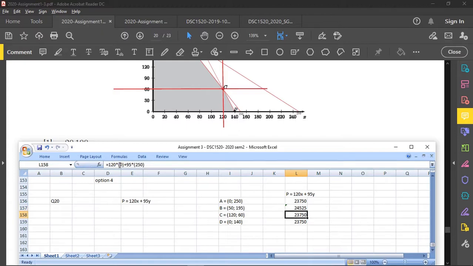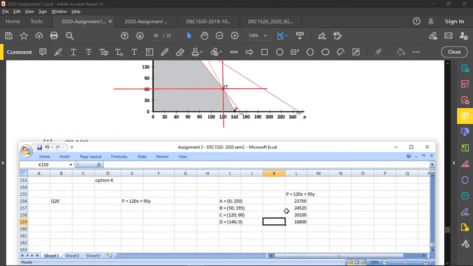This one will be 120 and 60. And then this one is the other way around. Sorry, I've written this the wrong way around. It should be 140 and 0. Y-axis is 0. Let me just swap this around. 140 and 0, because we were looking at this there. X-axis 140, y-axis 0.